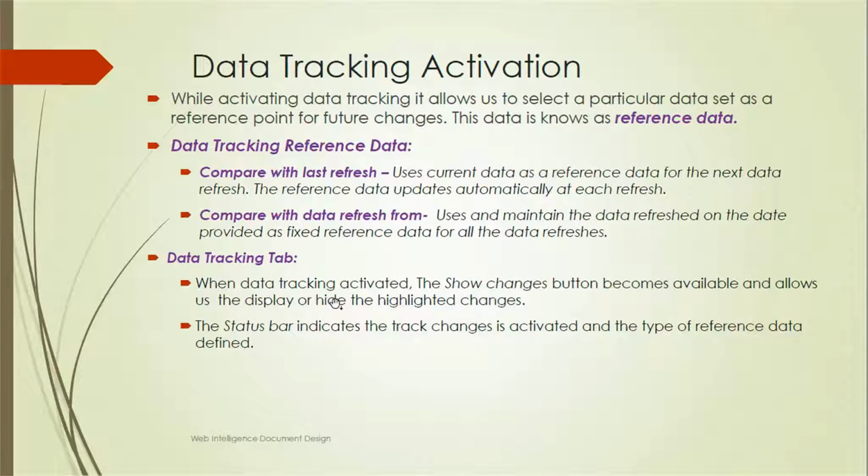On the data tracking tab, when data tracking is activated, the Show Changes button becomes available and allows us to display or hide the highlighted changes. We will see practically how this looks, how we can activate the data tracking changes, and how we can see the data tracking. The status bar below will show that track changes is activated and the type of reference data defined.